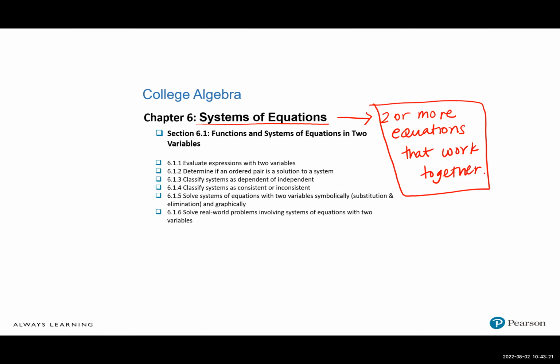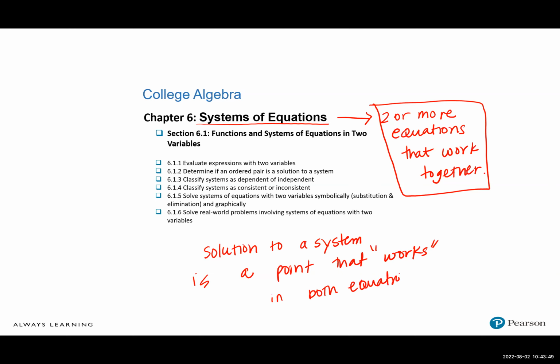Now, a solution to a system is basically a coordinate point that works in both equations, or in other words, makes both equations true.